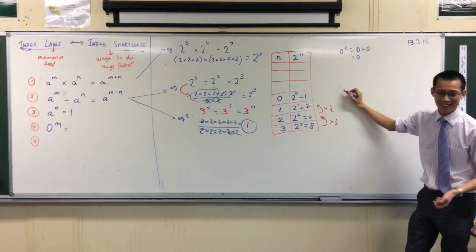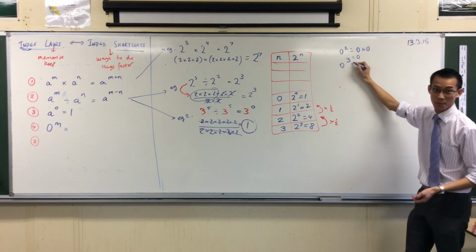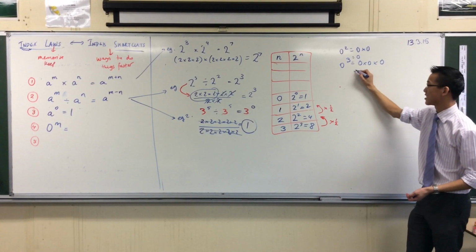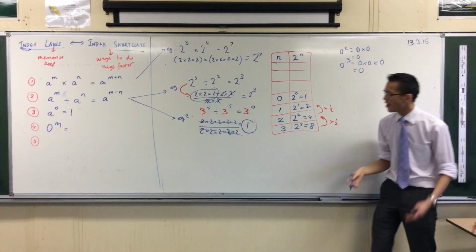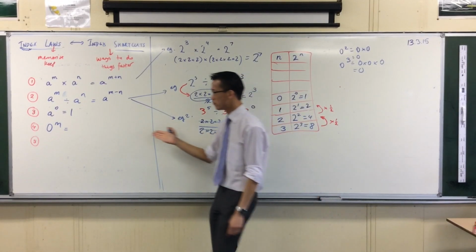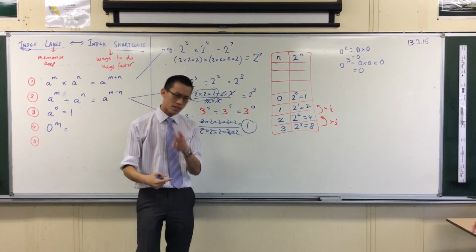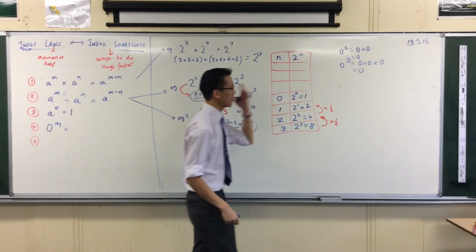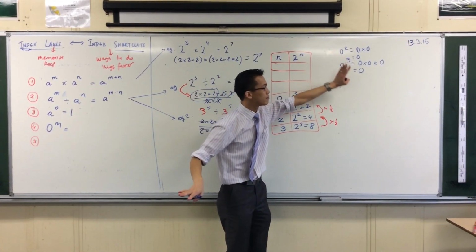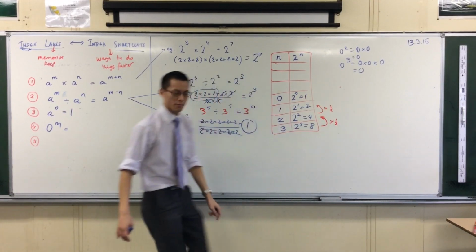I could do 0 cubed, well that's 0 times 0 times 0, which, last I checked, is still 0. Now, this is interesting. We saw here, if you raise any number to the power of 0, you'll get 1. So just phrasing it slightly differently, if you take 0 and raise it to any power you like, you'll always end up with 0.